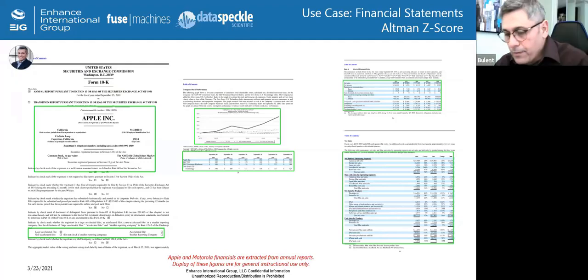All right. For this particular use case, we have used a convolutional neural network model, very similar to the one that I showed you in a couple of slides before. The idea here is we would like to extract as much information as possible from given documents.